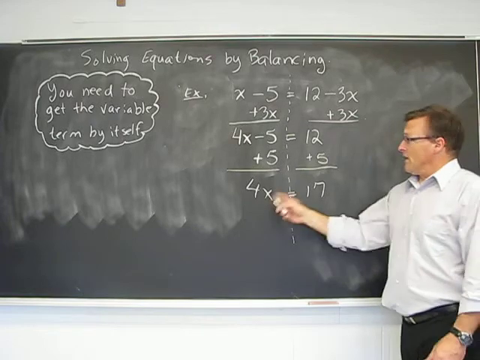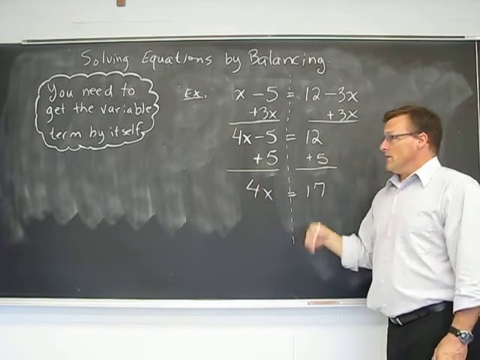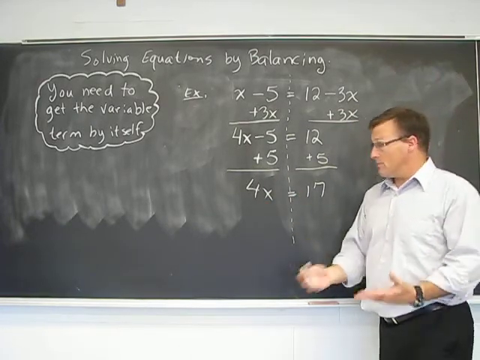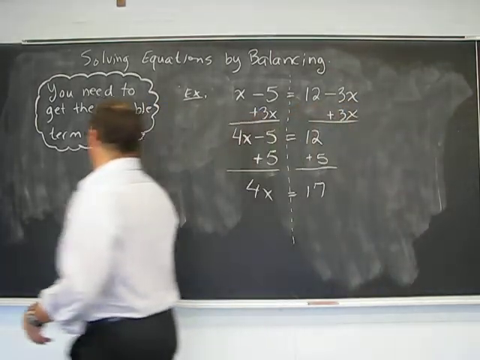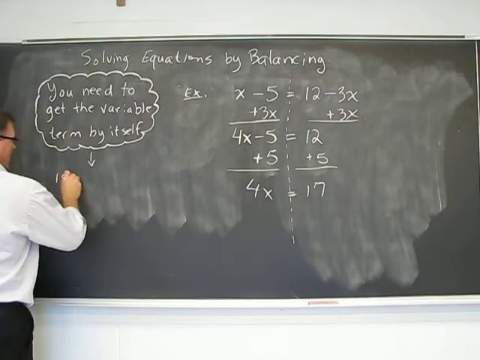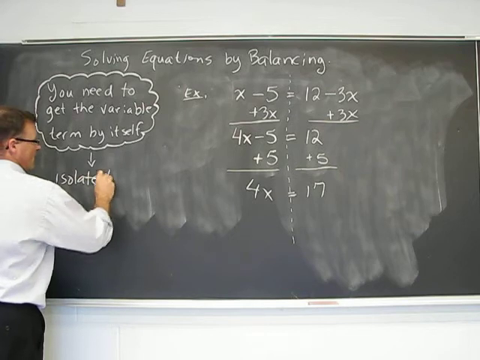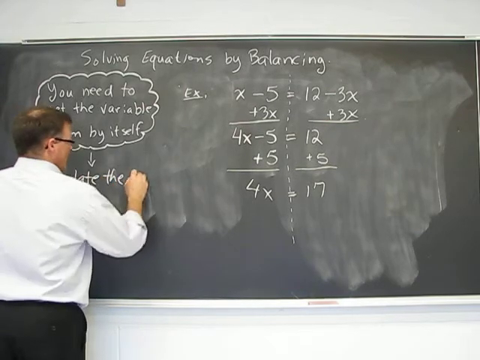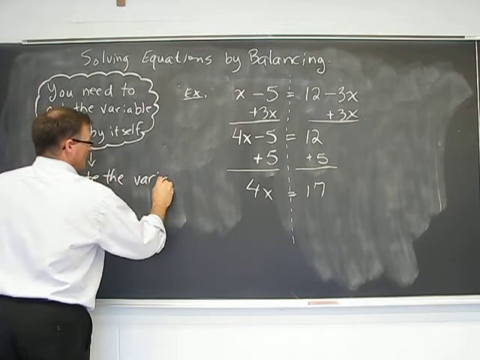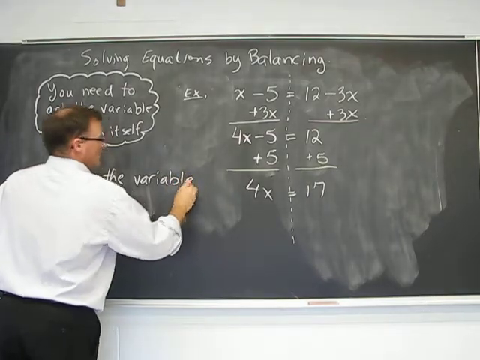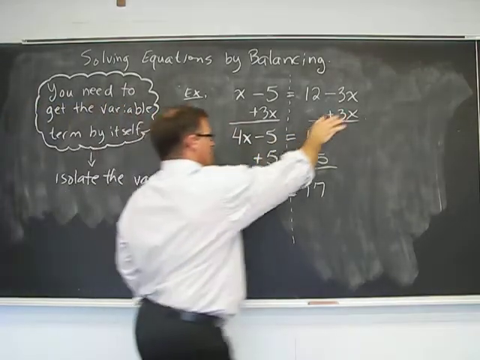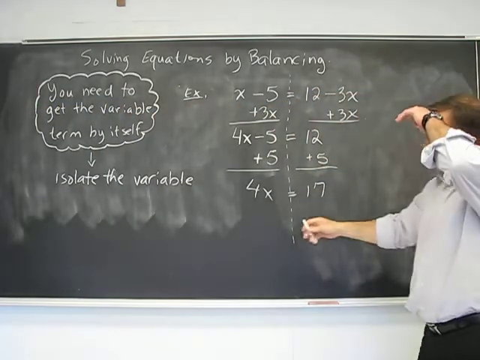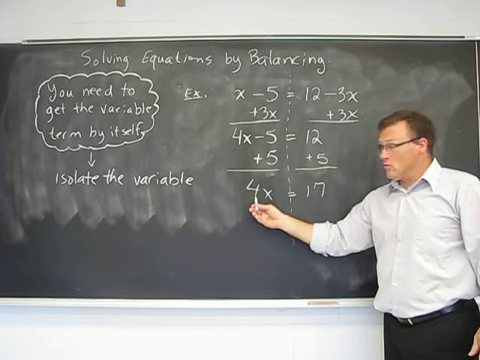Getting there, I got the variable term by itself, and the last part is to get the variable completely on its own. We call that isolating the variable. And so I say to myself, what is preventing the x from being by itself? Well, there's a multiplier. All of those other guys were adding or subtracting terms, but now this is a term and I want to remove the coefficient.